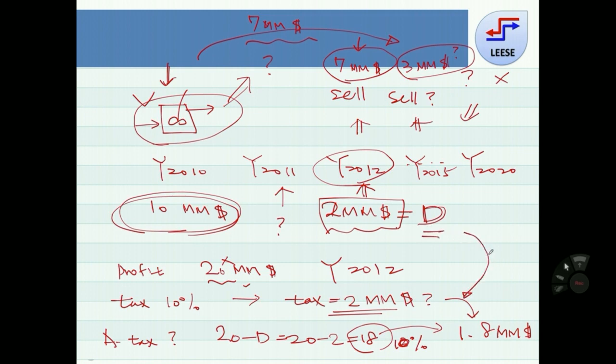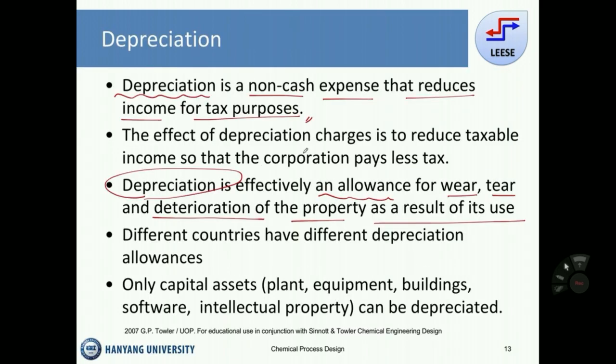Okay? We compensate for losing the money throughout the year for the capital investment or some other things in the process. Okay? So that is the meaning of depreciation. So the effect of depreciation is to reduce taxable income so that the corporation pays less tax. Okay?